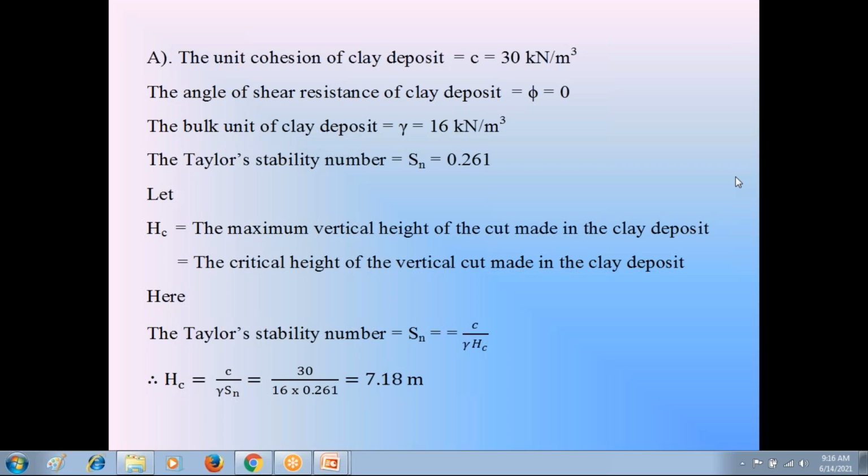So the height of a soil slope in clayey soils depends on the C value, the bulk unit weight gamma, and also the angle of shearing resistance phi. These three factors determine the height h of the soil slope in clayey soils.